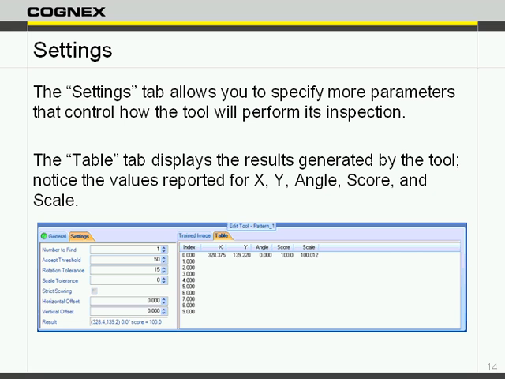For threshold, you're setting the score in this case at 50. If the score when it looks at something is 50 or more, it would say, yes, this is what I'm looking for. If the score was less than 50, it would say, no, that's not what I'm looking for. That's something that you would set based on your lighting, your field of view, your part, etc.